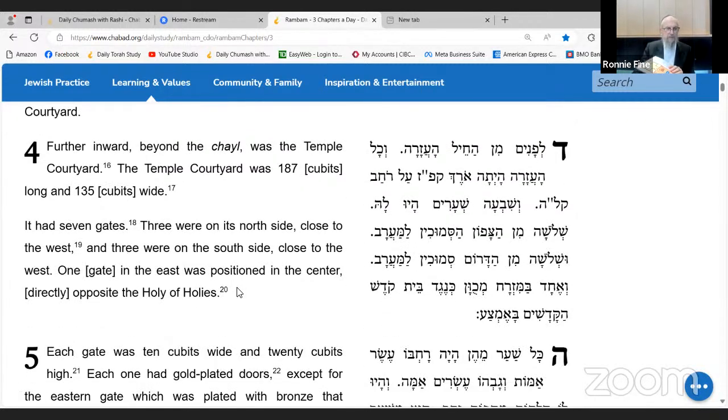It had 7 gates. 3 were on the north side. Three on the north side, close to the west.